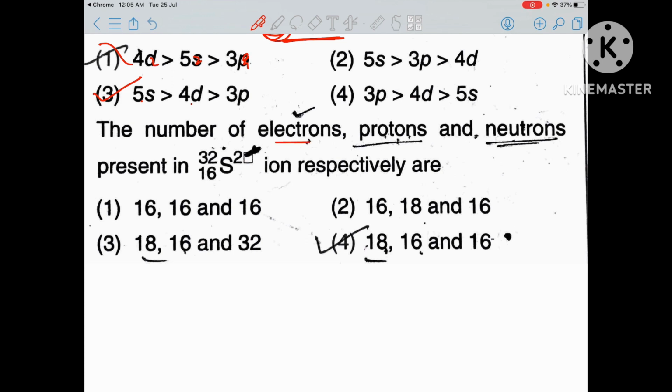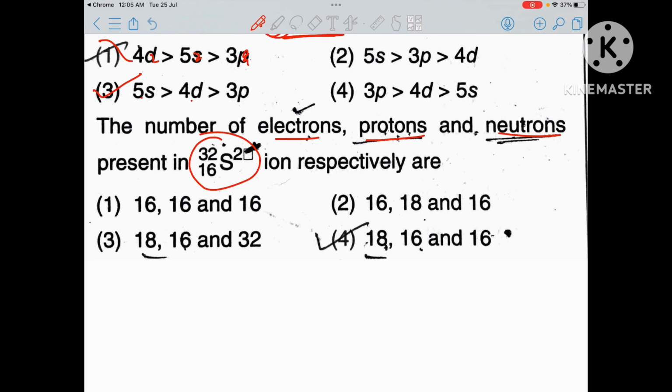The number of electrons, protons and neutrons present in this ion. Okay, so here this is the S2 minus ion. What does minus mean? Minus means gain of electrons. Right everybody? So 32, 16 S, this is the number of protons, meaning this is equal to the atomic number, right?